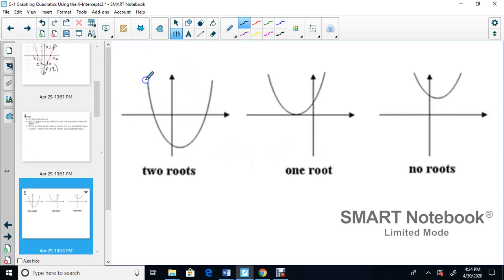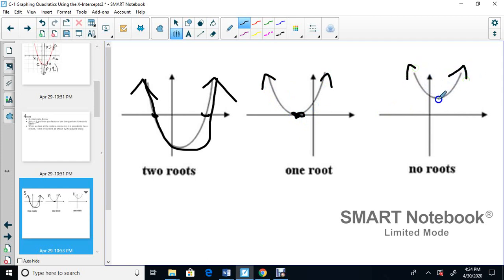It's possible that the graph goes all the way around and you have two roots here. It's possible, like on this one here, to have one root. The graph comes around and just sits on the axis right here, and there's only one root. On the last one, it's possible the graph is above the axis and has no roots. It does not cross the x-axis, so there are no x-intercepts or zeros.